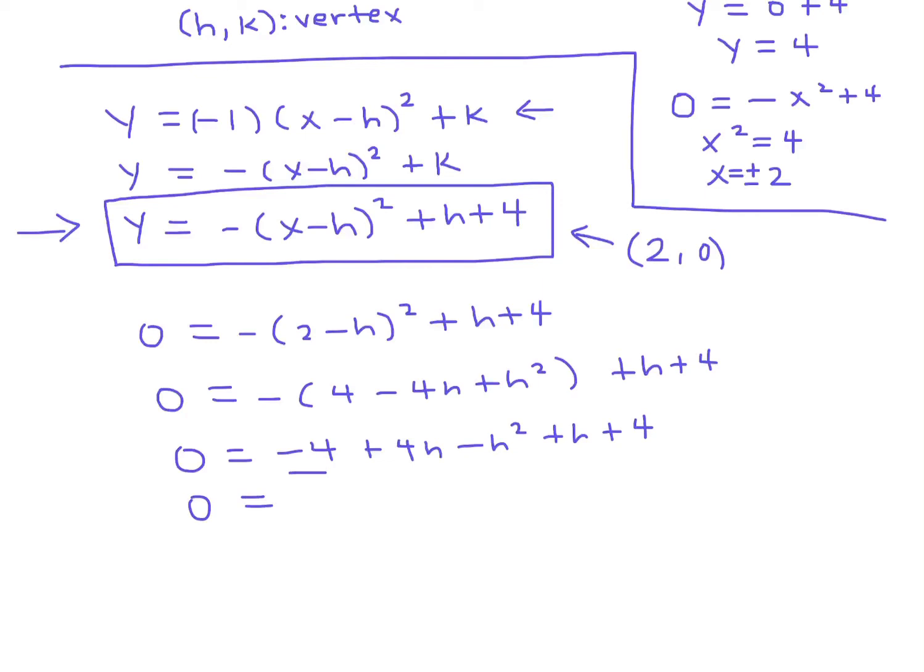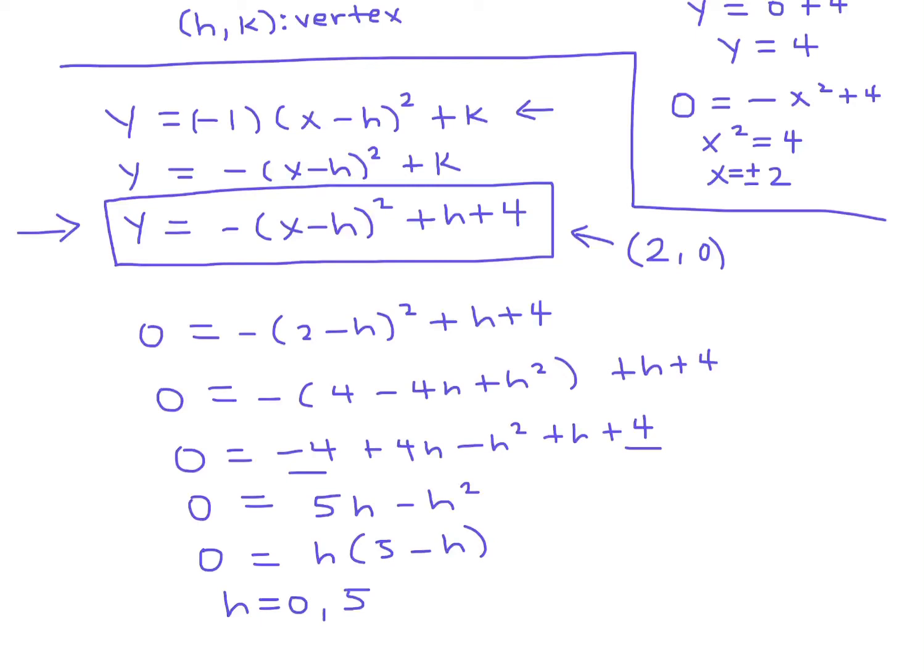0 is equal to, well, these 4s cancel, and we have 5h - h². And this can factor: h(5 - h), and therefore h is equal to either 0 or 5.